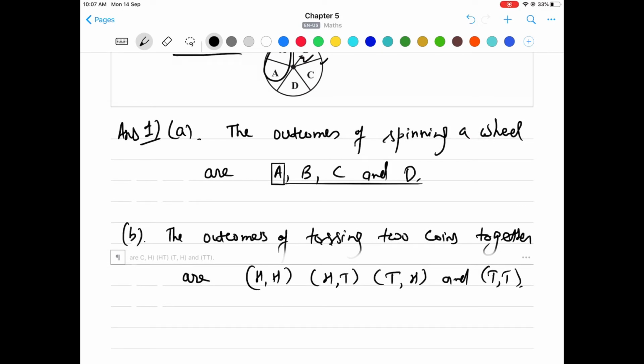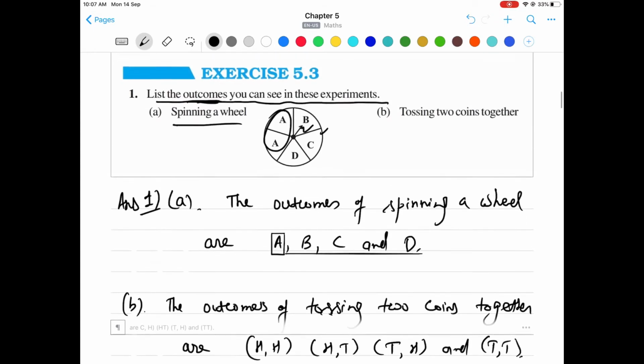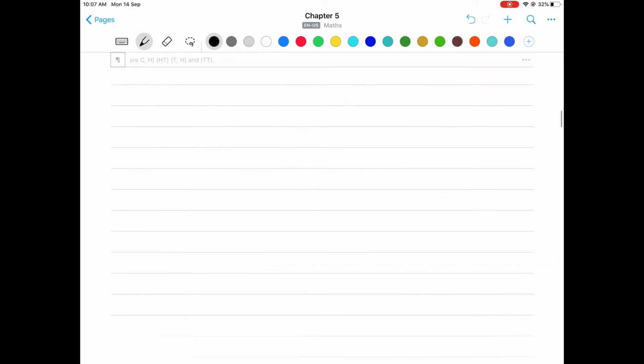So these are the outcomes when the 2 coins are tossed together, which are HH, HT, TH and TT. So that's the answer of question number 1.